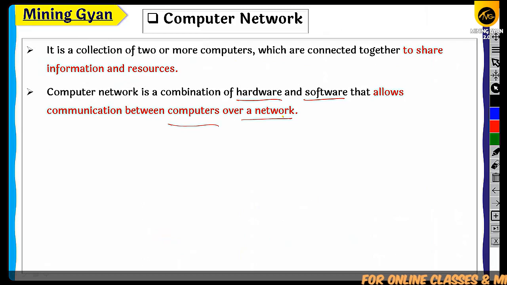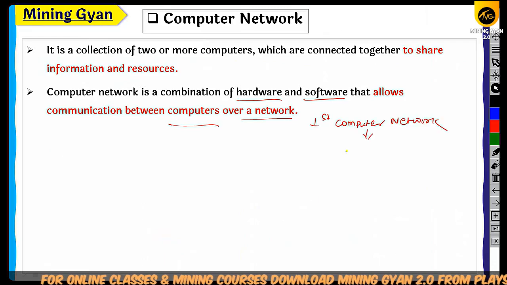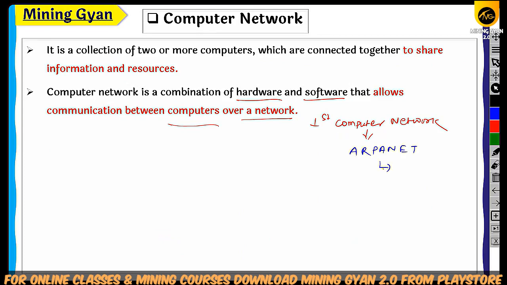So there is a network, and all the devices around it can share their information across this network. The name of the first computer network is ARPANET. ARPANET was introduced in 1969, and its full form is Advanced Research Project Agency Network.